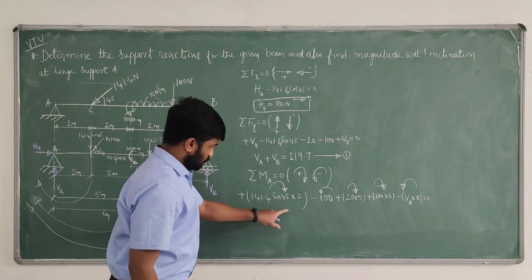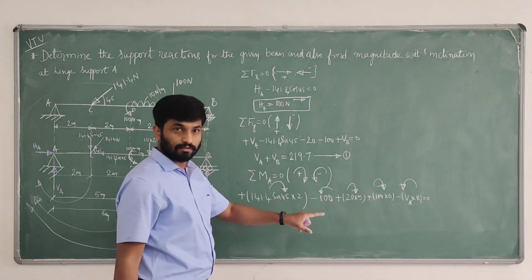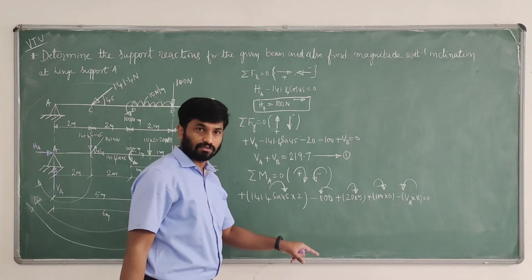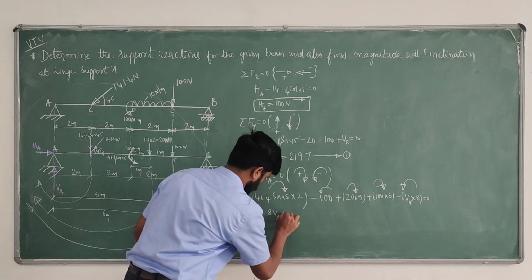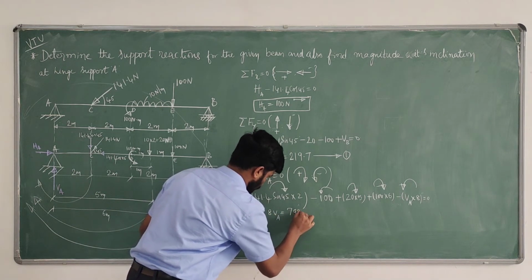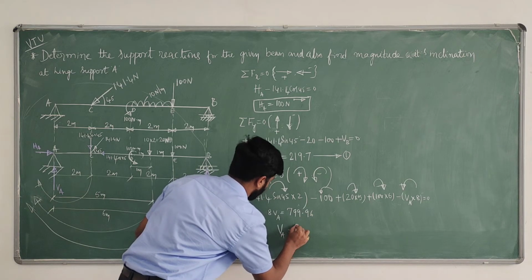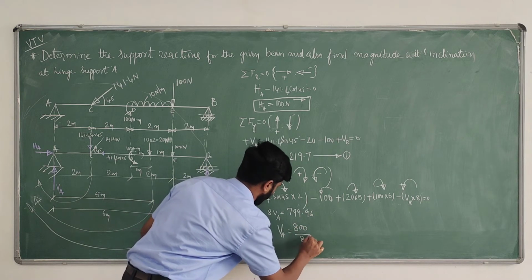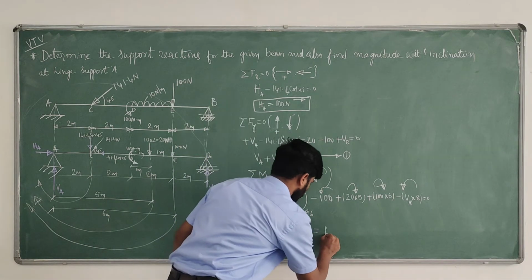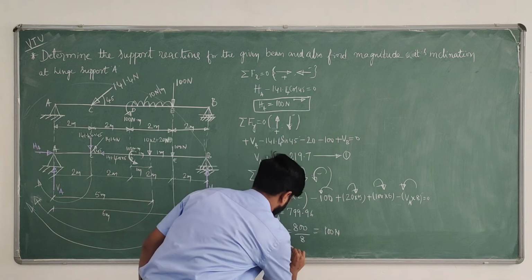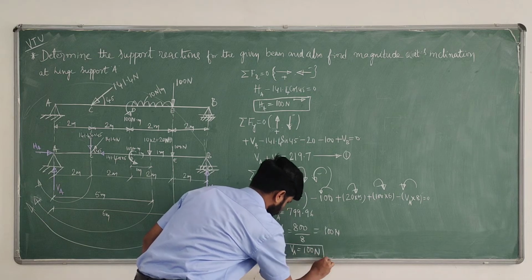So 8 VB equals 799.96, approximately 800. VB equals 800 by 8, which is 100 Newton.